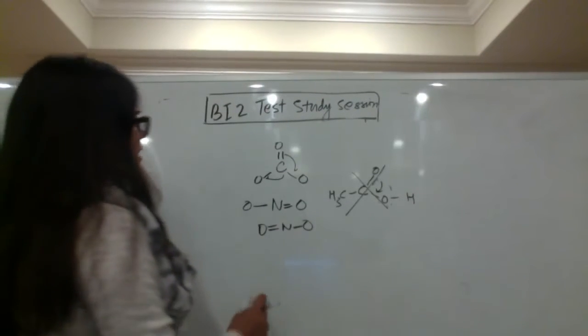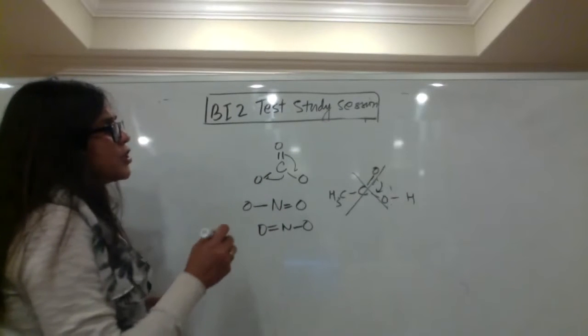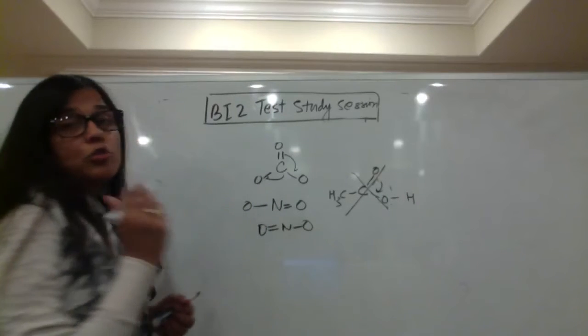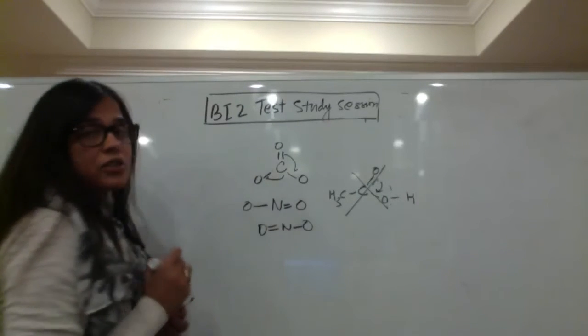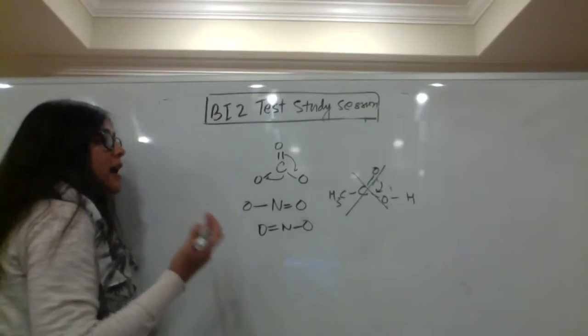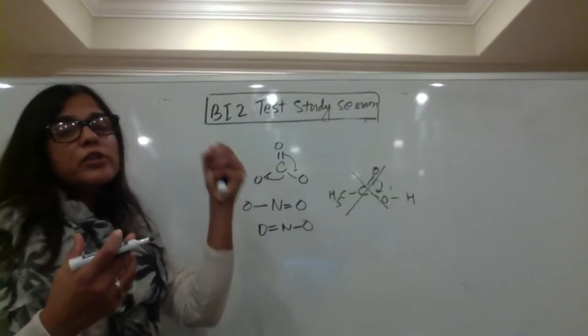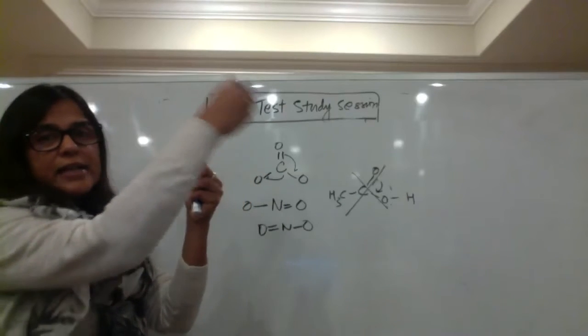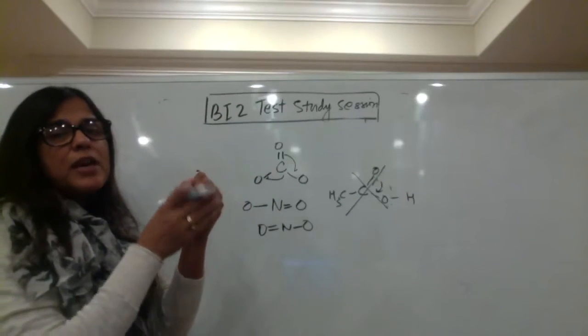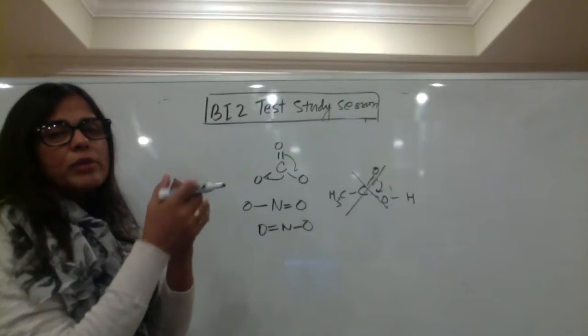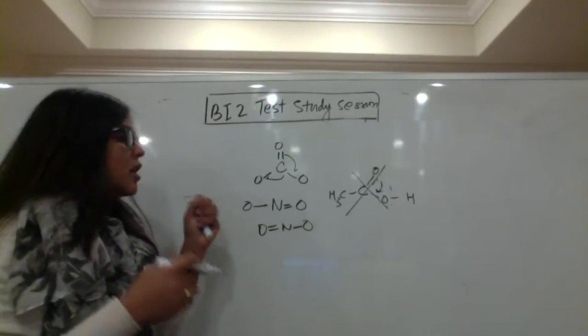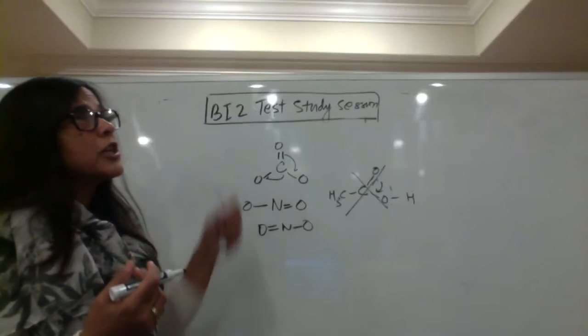Hybridization. So hybridization refers to how many electron domains you have around the central atom, and then you align the hybridization with that. Remember, hybridization occurs only on the central atom. As the side atoms approach the central atom, its s and p and d orbitals undergo change, or hybridize, to make room for the incoming atoms.